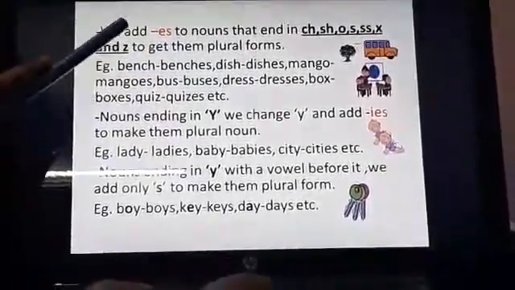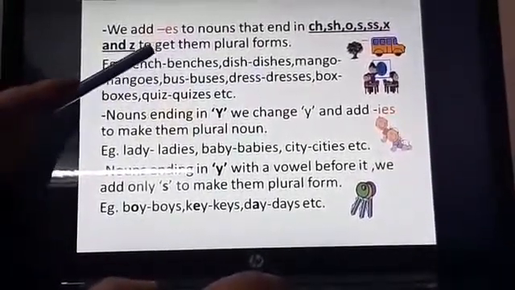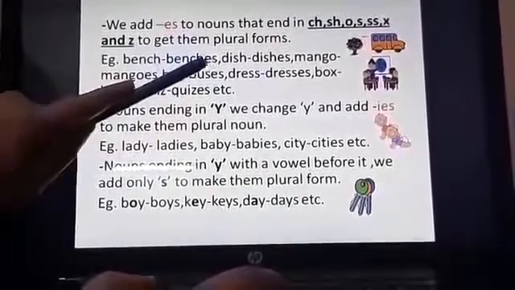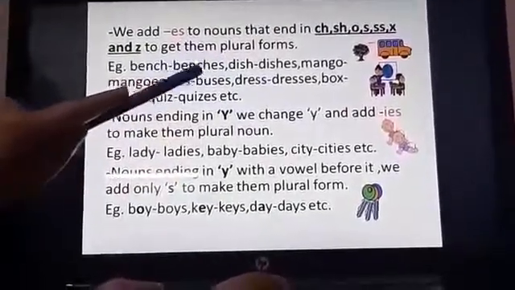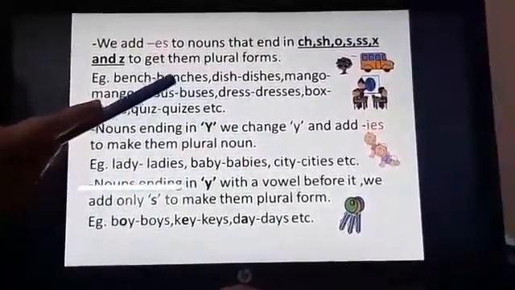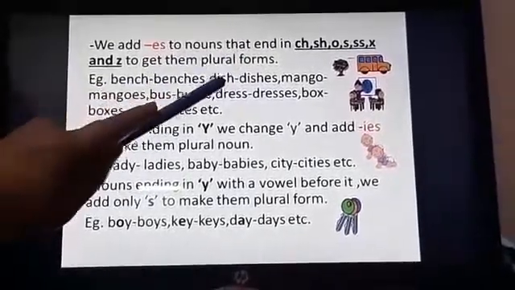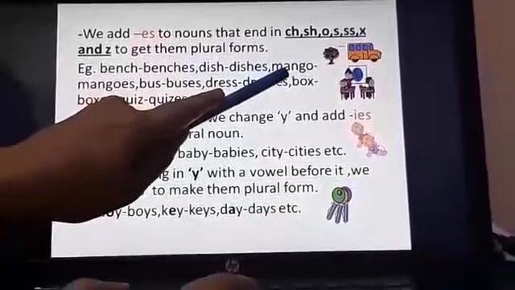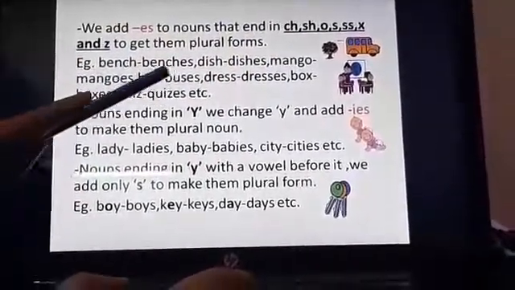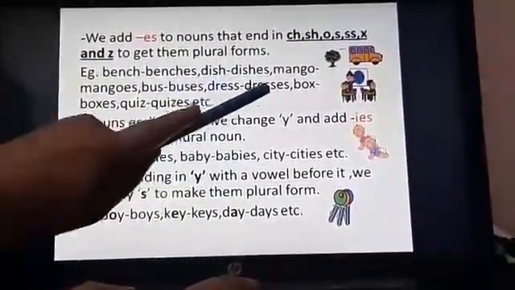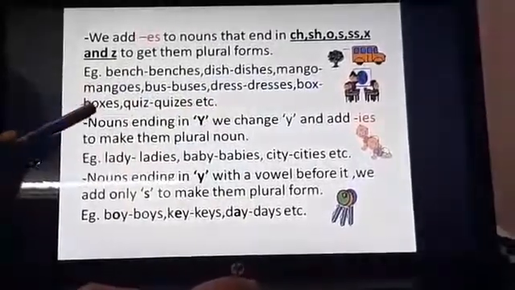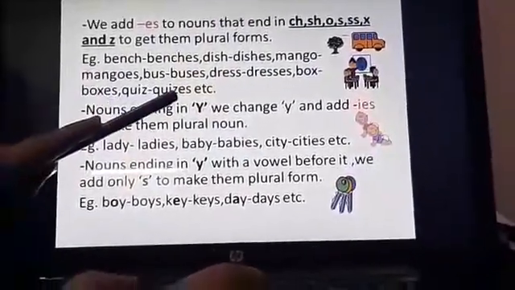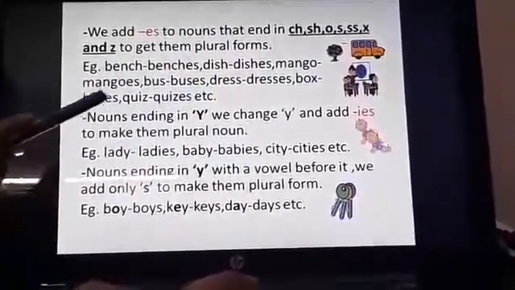See the example. Bench, it is ending with ch. So we are adding only es to make bench plural. So it is benches. Dish, it is ending with sh. Dishes. Mango, mangoes. Bus, buses. Dress, dresses. Box, boxes. Quiz, quizzes, etc.